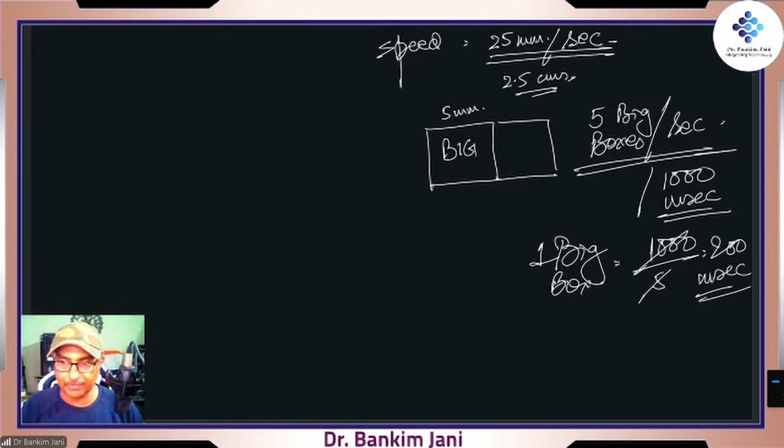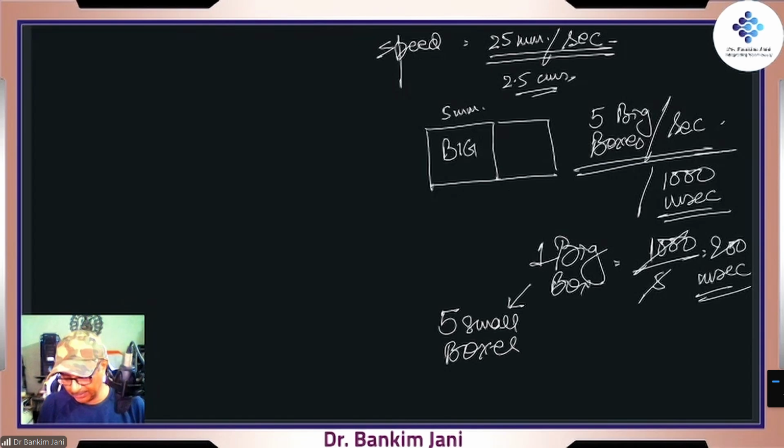Till this point it is fine. Okay. So this is 200. Now in one big box, there are 5 small boxes. Correct.